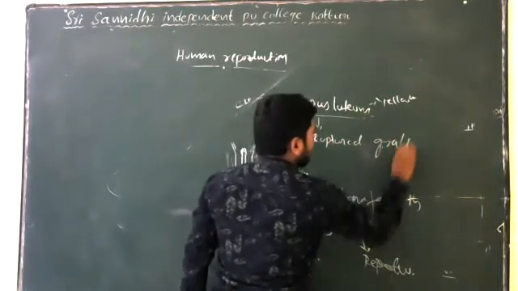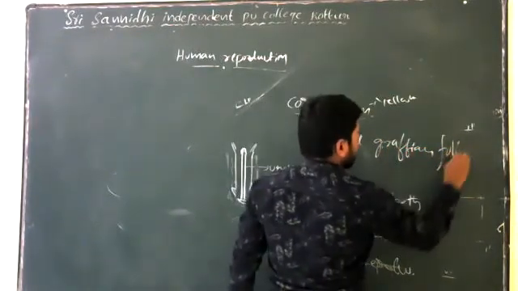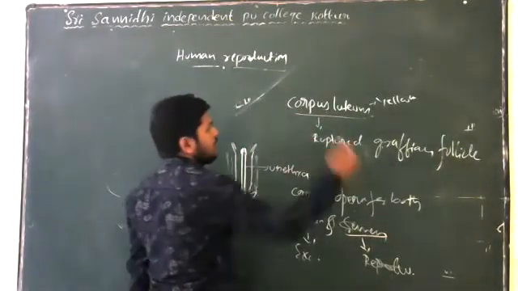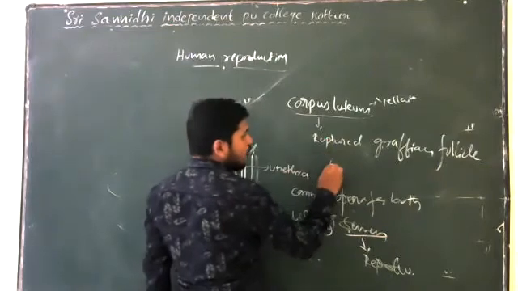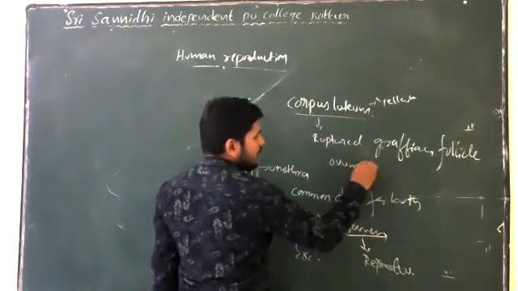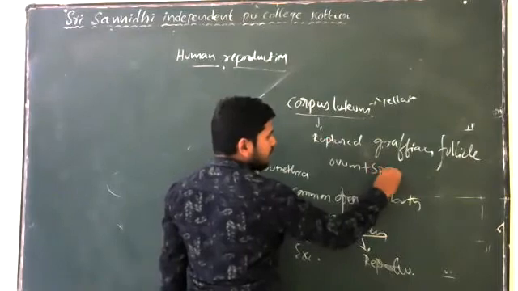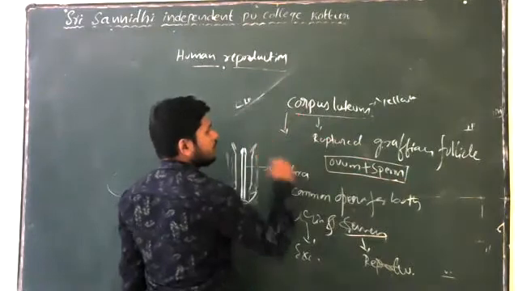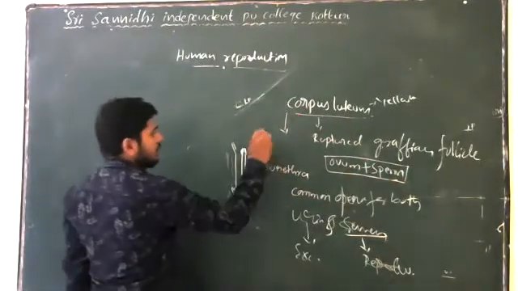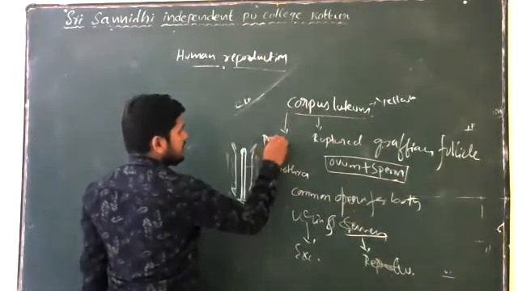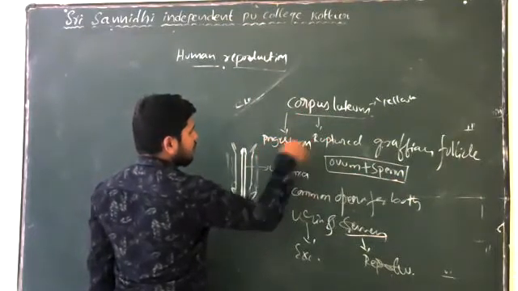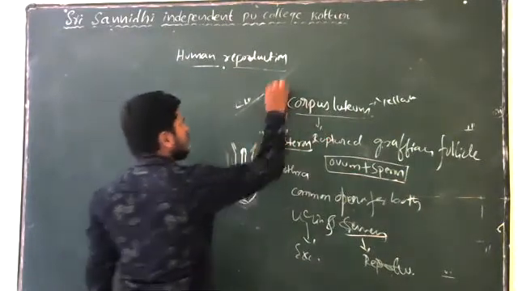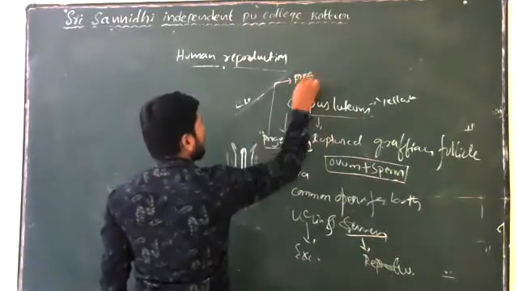If the released ovum is fertilized by a sperm, then the corpus luteum plays an important role: the secretion of progesterone hormone. This hormone is also called the pregnancy hormone.